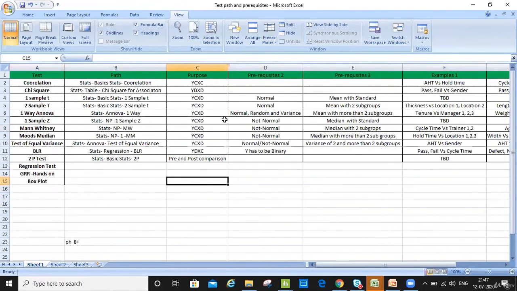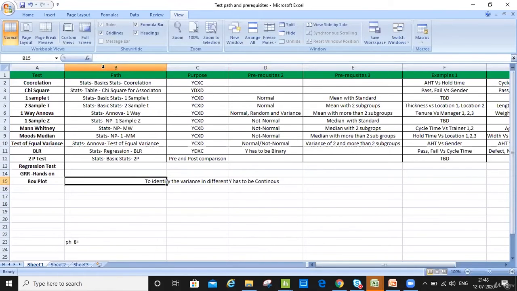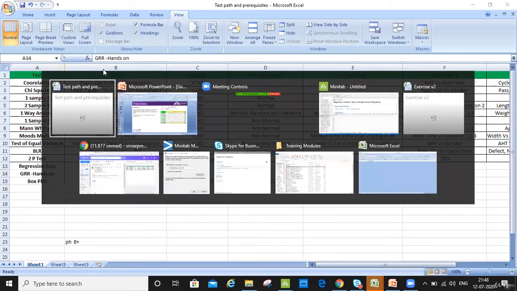The purpose is to identify the variance in different quartiles, and my y has to be continuous. Okay, so the path is stats, graphs, box plot. Let's do that.